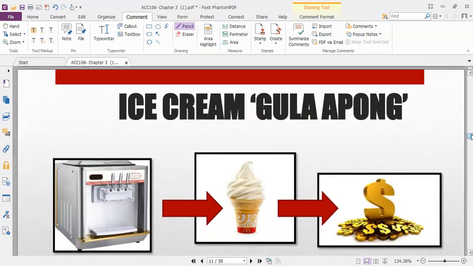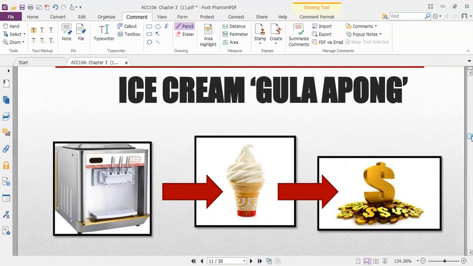Okay, so let's look at the example. Okay, so kalau lah sistem business tu, some of the business, dia jual ice cream, gula apung, for example. So, to make an ice cream, the business should have ice cream machine. So, dengan adanya mesin ni, mesin ni adalah apa? Aset kepada business. Dengan adanya mesin ni, dia boleh produce ice cream.